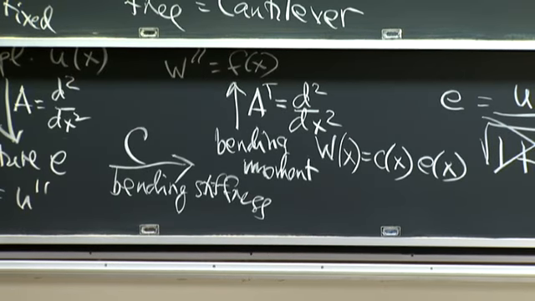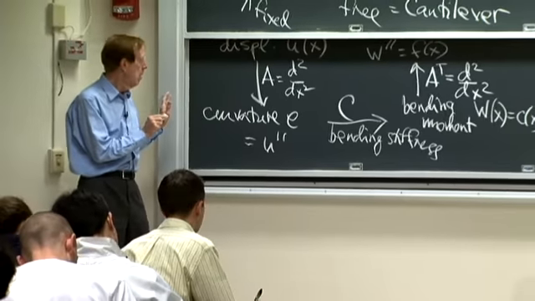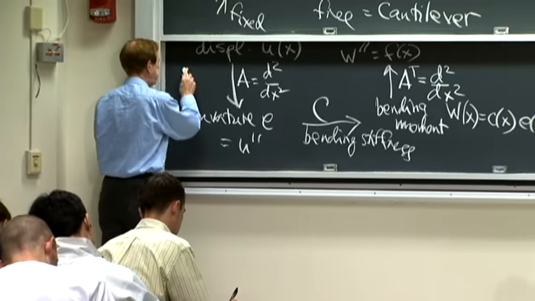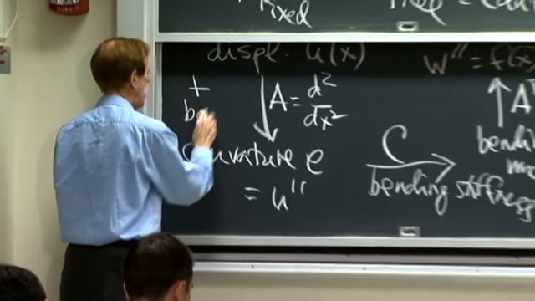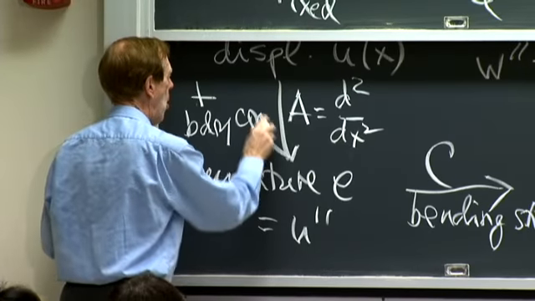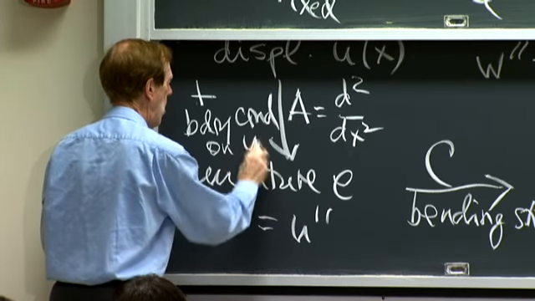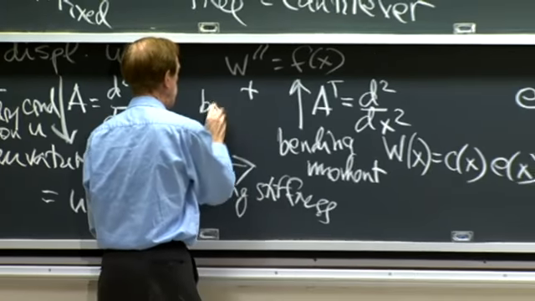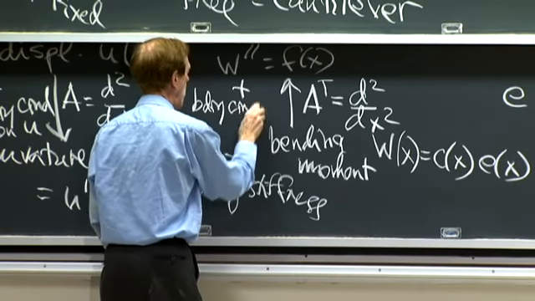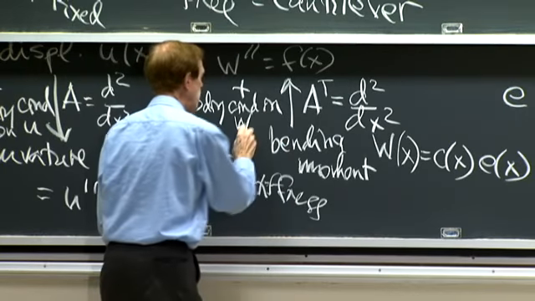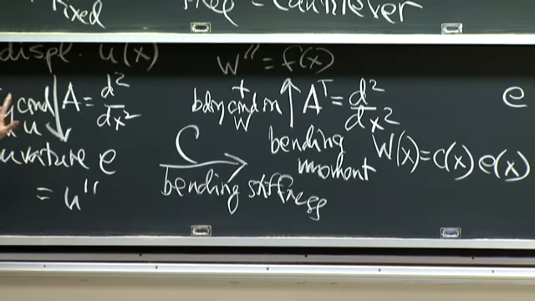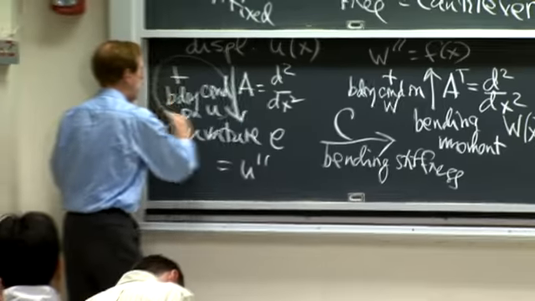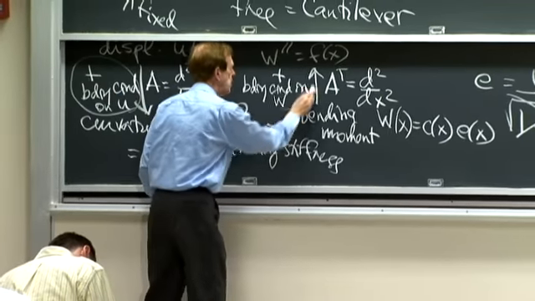Our framework is working. We have plus boundary conditions on U. And here we have plus boundary conditions on W. Those parts we have not yet mentioned.